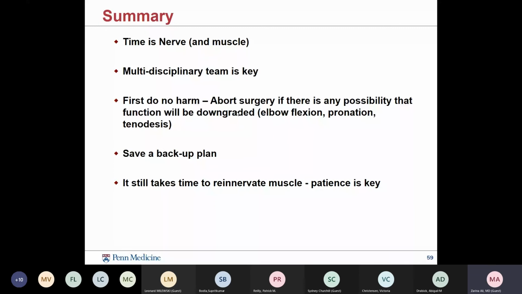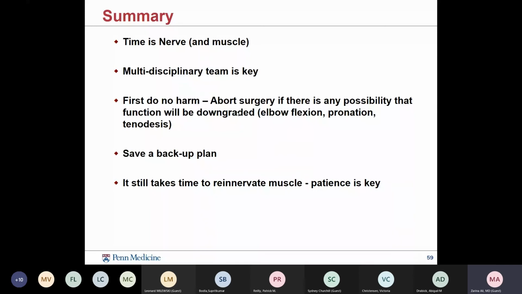And then, obviously, we certainly don't want to downgrade any function. And so this is where we want to confirm, for at least nerve transfers, that there is a redundant nerve that is suitable for taking a donor. And if there isn't, then we abort the surgery. So a lot of these complex decisions are made intraoperatively.